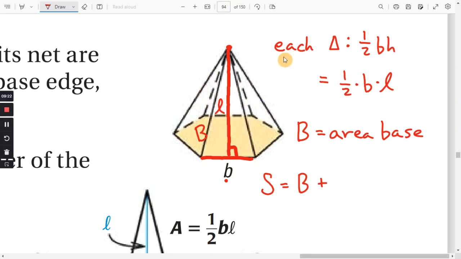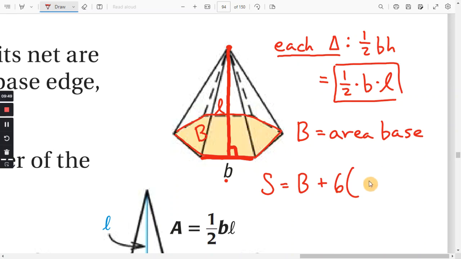We just said a minute ago that the area of each triangle is 1/2 bL. Now, how many triangles are there? Well, this is a hexagonal base, so we have 1, 2, 3, 4, 5, 6 sides. We have 6 triangles. So we take the area of the base and we add the area of the 6 triangles, so that's going to be 6 times 1/2 bL.